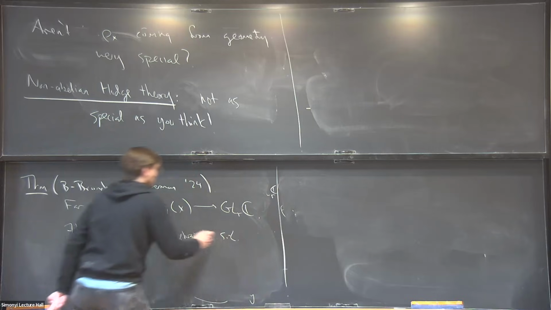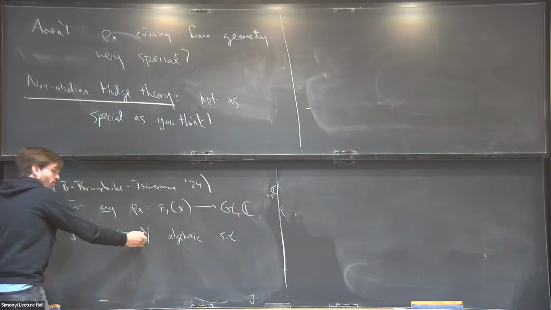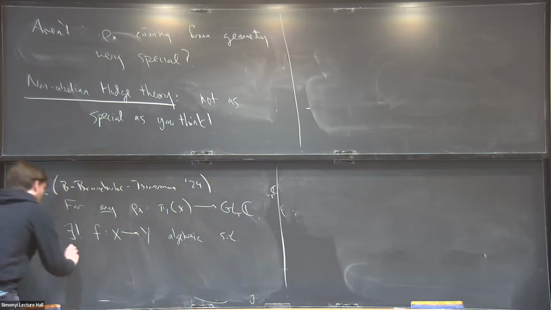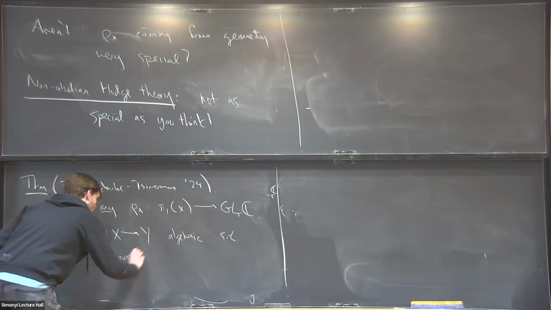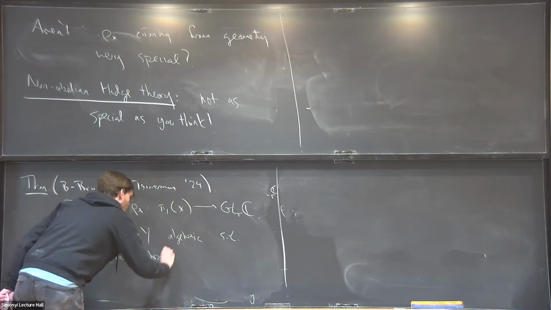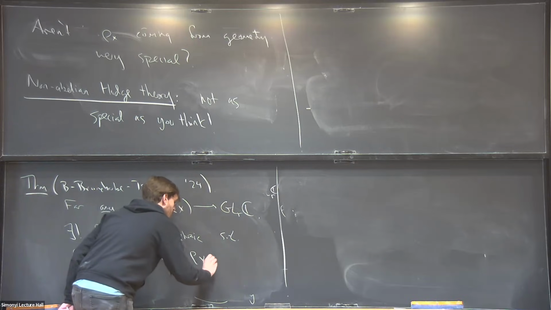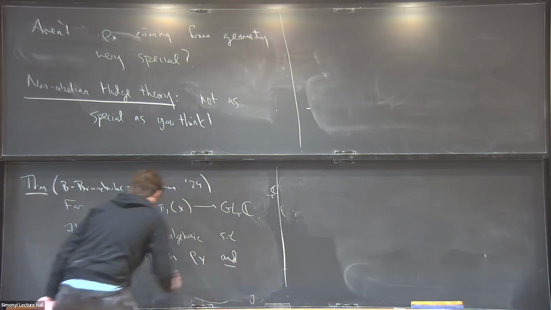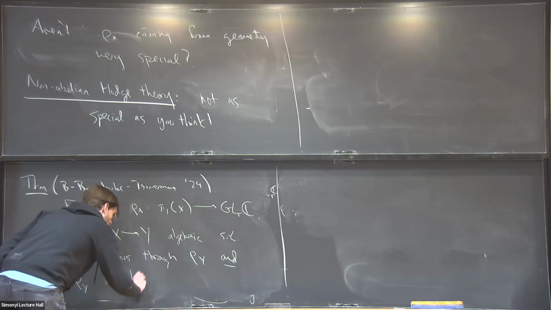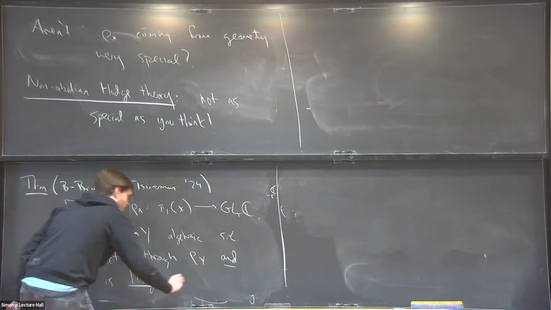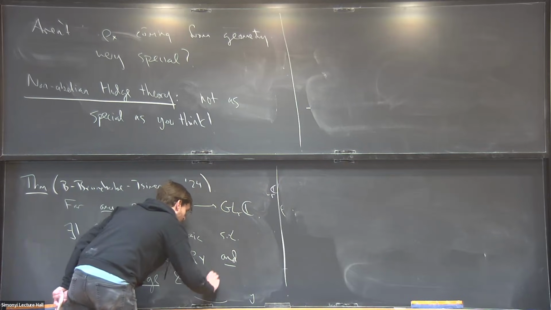Such that the representation factors through a representation that lives on Y. So rho_X factors through rho_Y, and rho_Y is large and non-extendable.